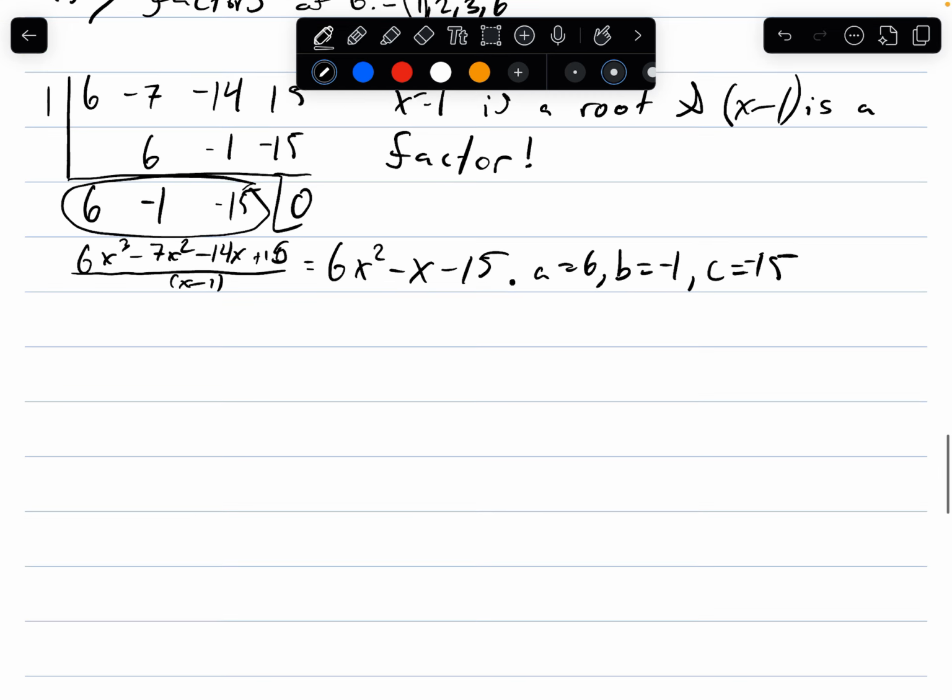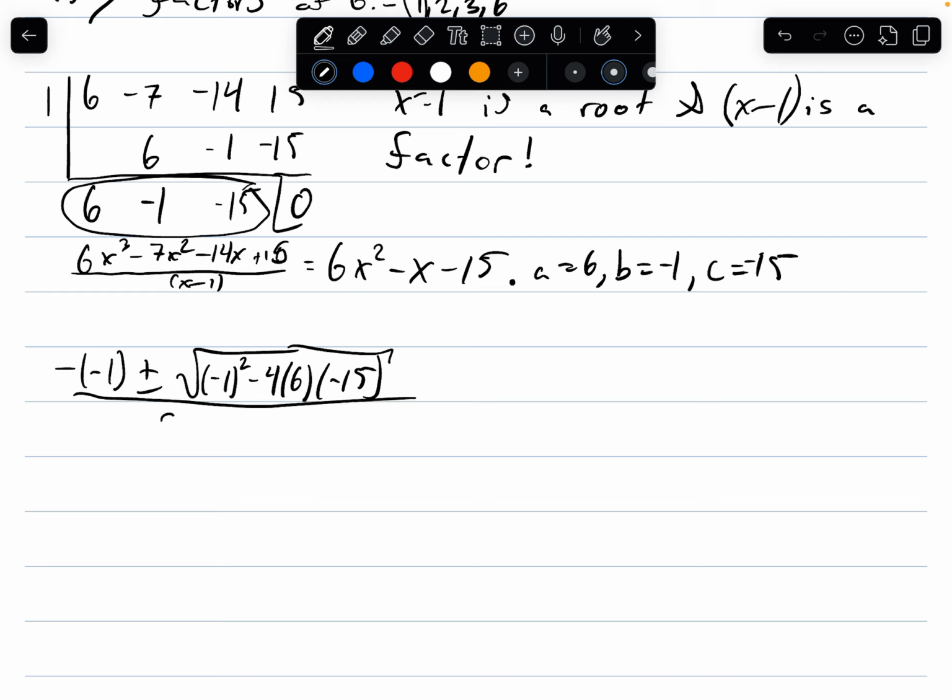Using the quadratic formula, we get negative b plus or minus the square root of b squared minus 4ac, all over 2a. This becomes 1 plus or minus the square root of 1 minus, actually the minus makes it plus, 4 times 6 times 15.